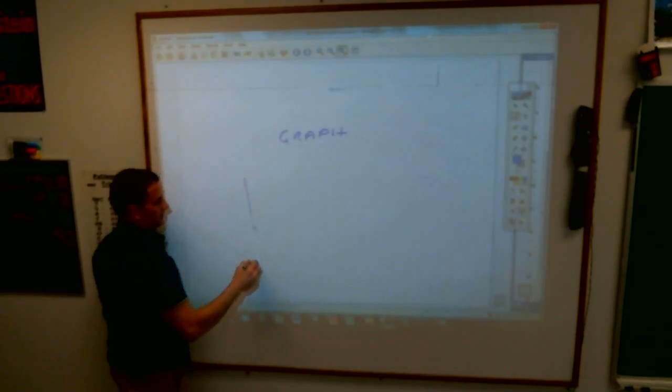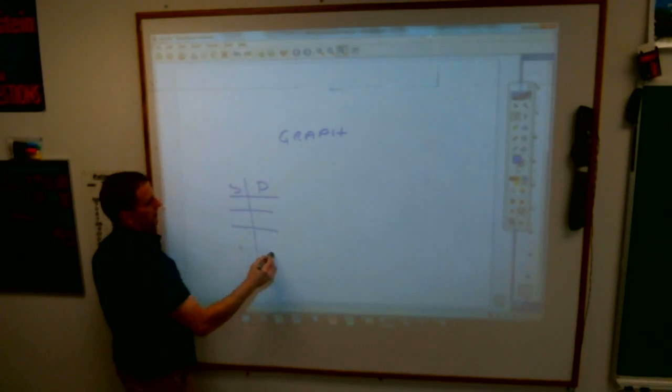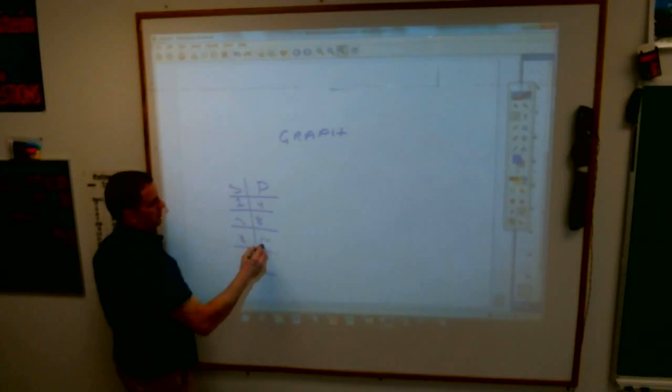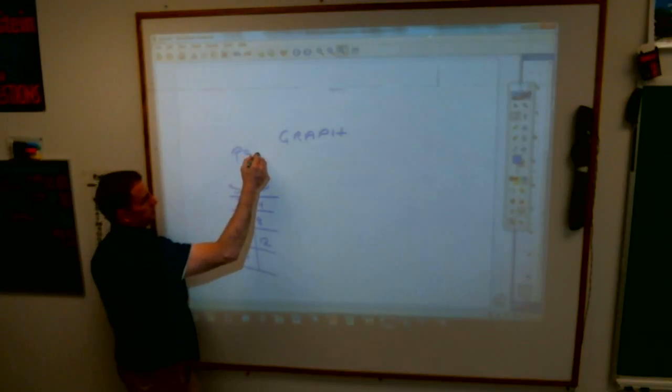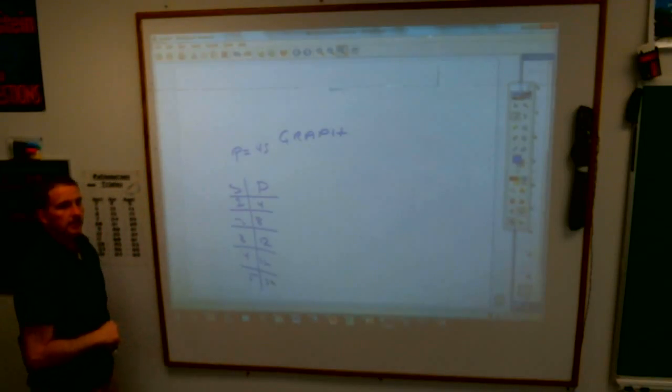I'm going to draw the table again. 1 was 4, 2 was 8, 3 was 12, 4 we probably didn't do, but it was 16. 5 was 20. How would you graph this?